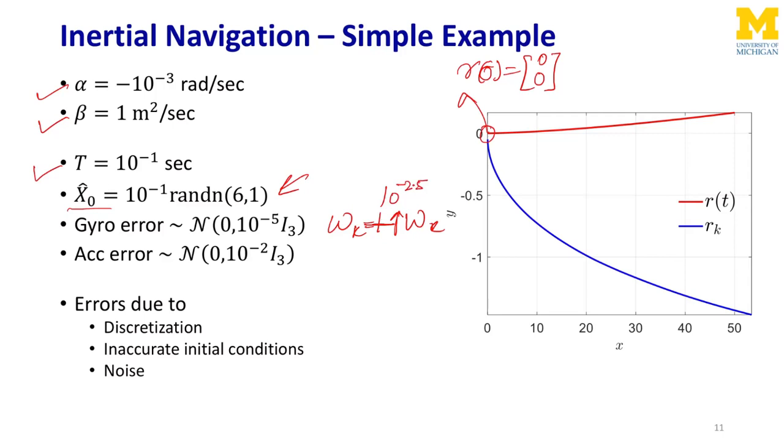Similarly, the accelerometer is going to have error, so I'm going to have a k plus 10 to the minus 1 w k. Okay, so this is omega, and this is w.